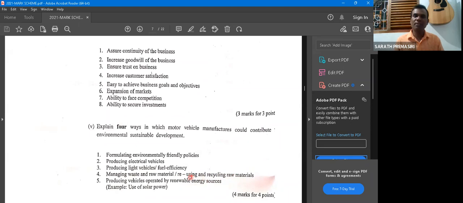You know that raw materials can be reused and recycled. Producing vehicles operated by renewable energy sources.